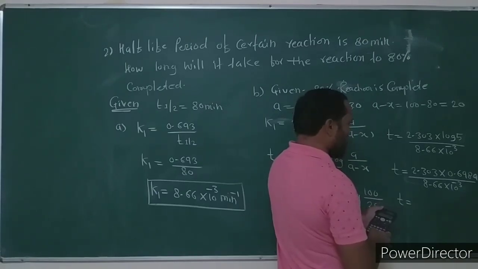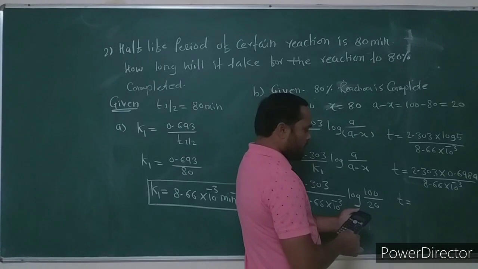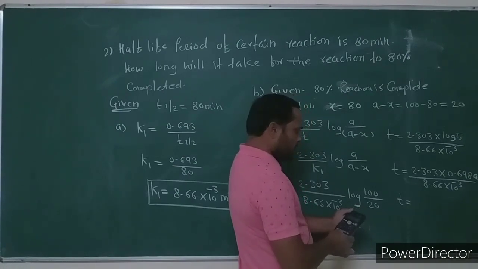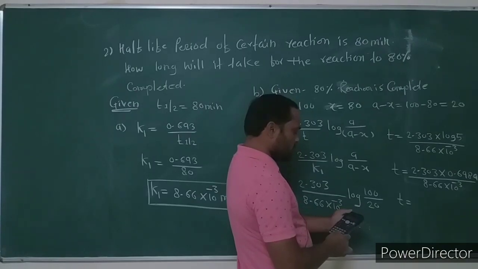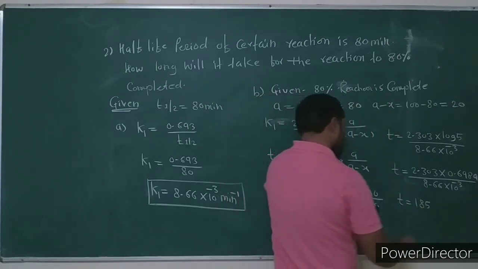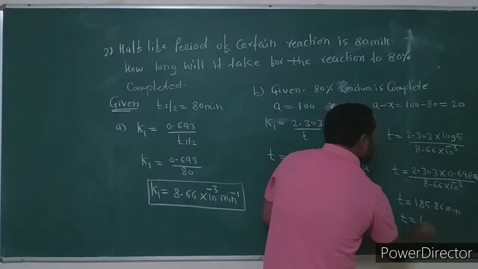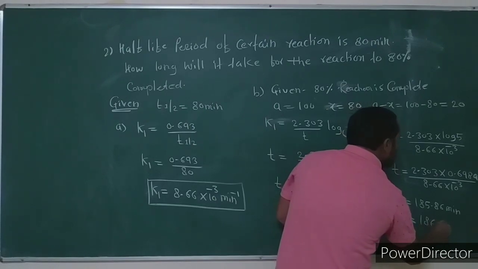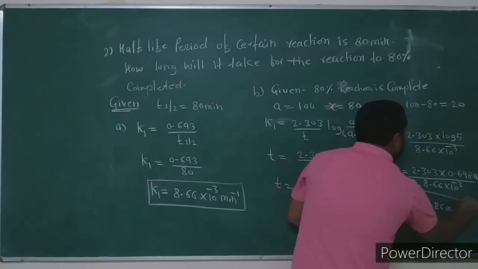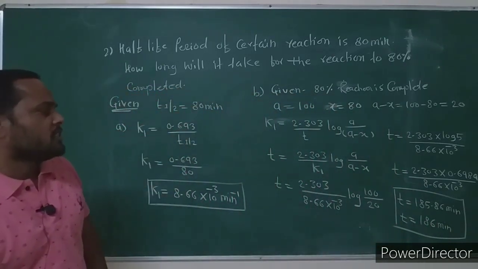The log 5 is 0.6989. Solving this, 2.303 into 0.6989 divided by 8.66 into 10 raised to minus 3 is equal to 185.86 minutes. This T is equal to 186 minutes.